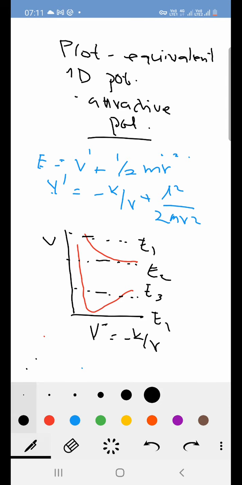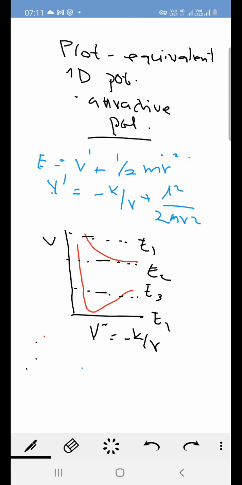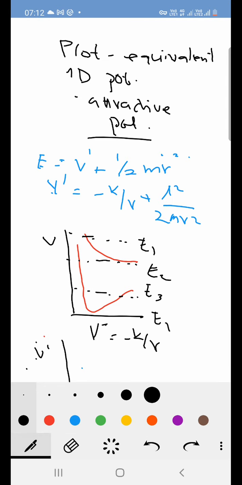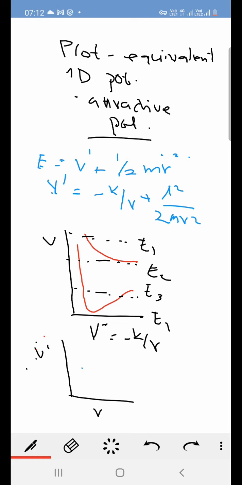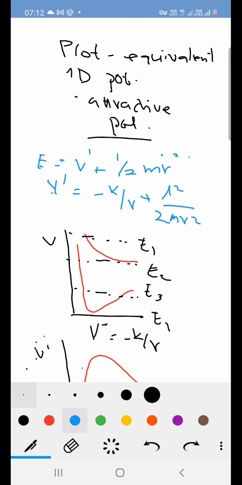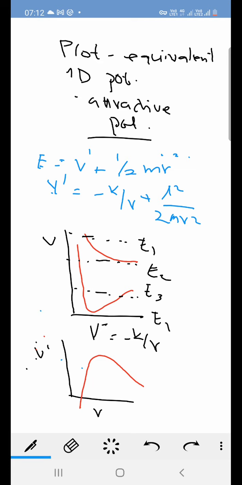And if we plot V dash with respect to R, it will show a plot like this. This will correspond to E, and this one will correspond to R dash.